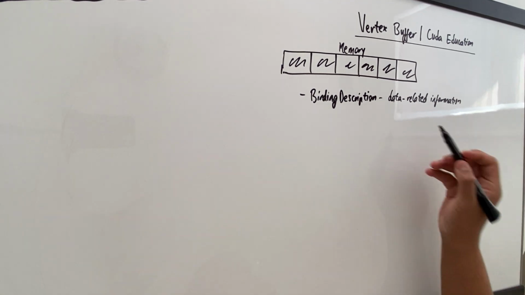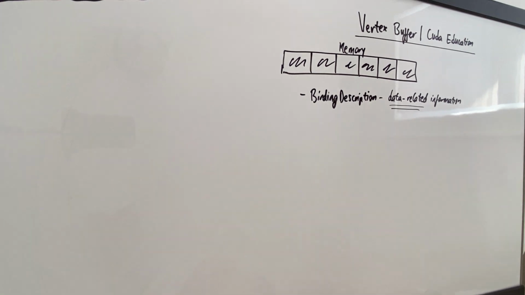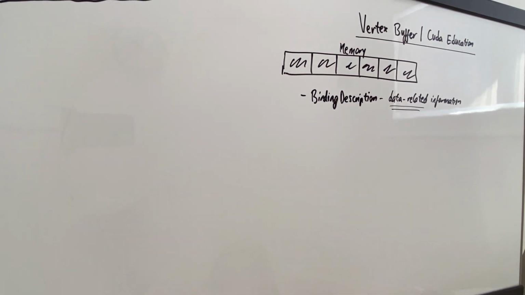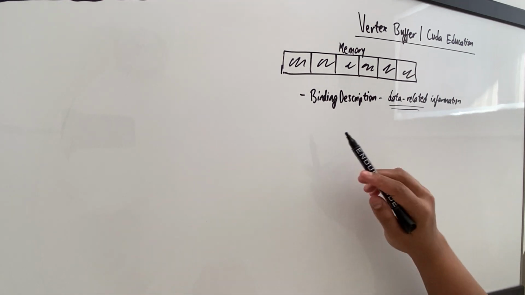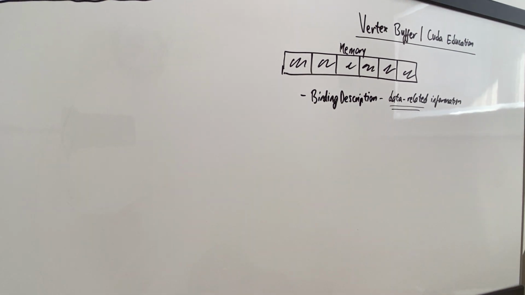So all the data related information is encapsulated in something called the binding description, and there are various variable types and things of that nature in Vulkan that deal with the binding description and the data related information.